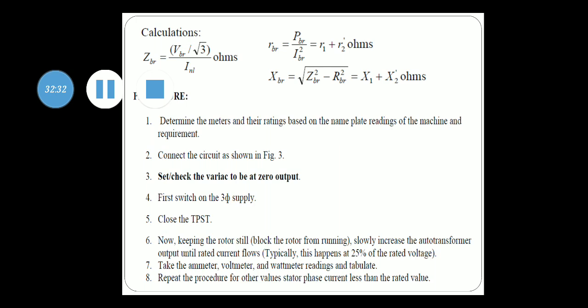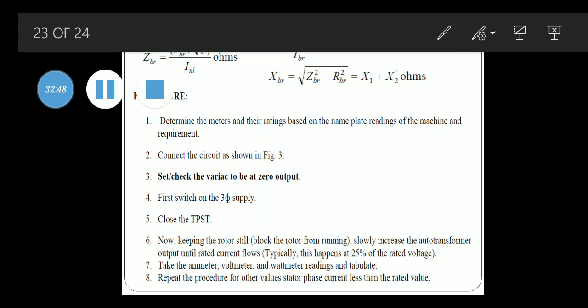This is the combination of both the rotor resistance and the stator resistance. Then the blocked rotor reactance, XBR, is the square root of ZBR square minus RBR square. This is the combination of both the stator reactance and the per phase rotor reactance.